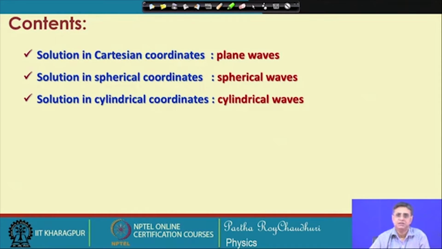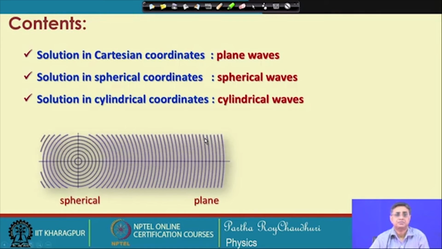So, these are the main three categories of electromagnetic waves, which are the direct outcome of the solutions of the Maxwell's equation, the wave equation. You may recall that if you have a point source, then immediately around this point source there are spherical waves, but as you move away from these spherical waves, the curvature becomes less and less and you end up with a plane wave.